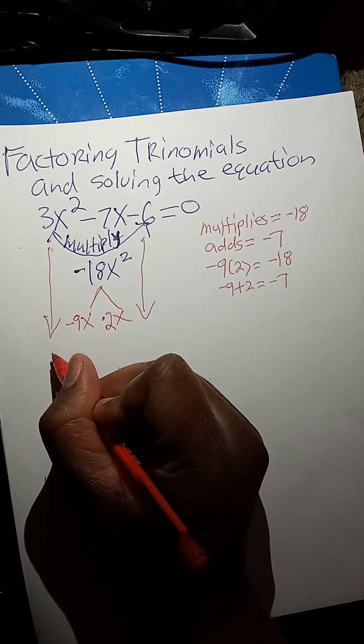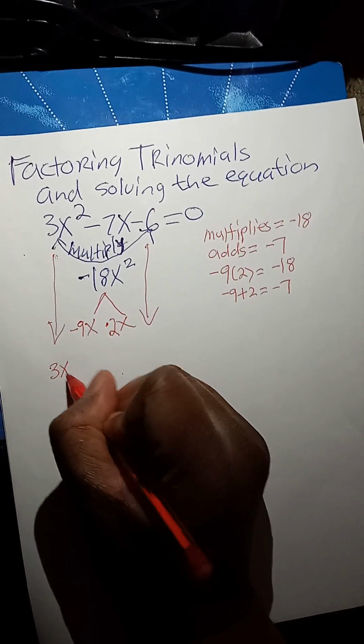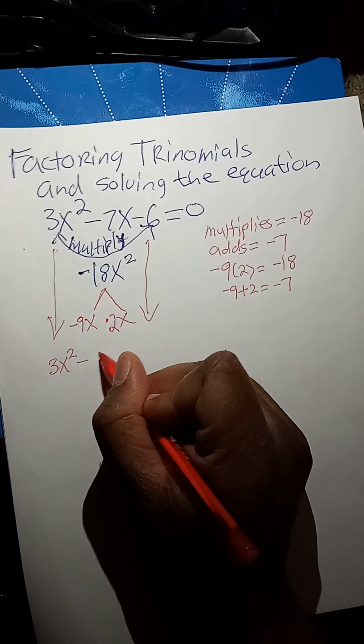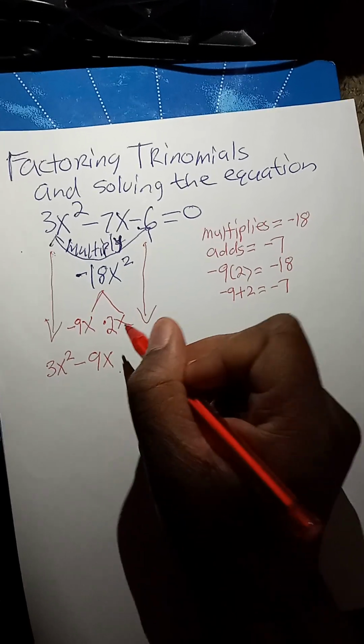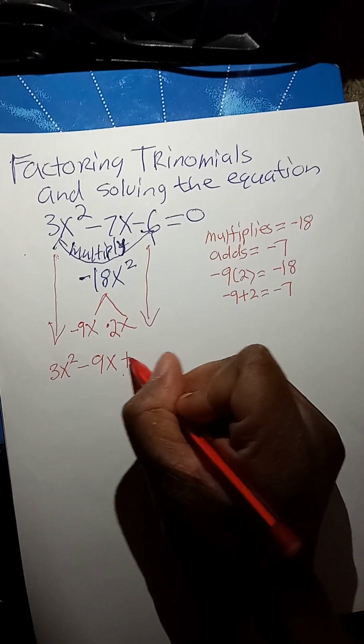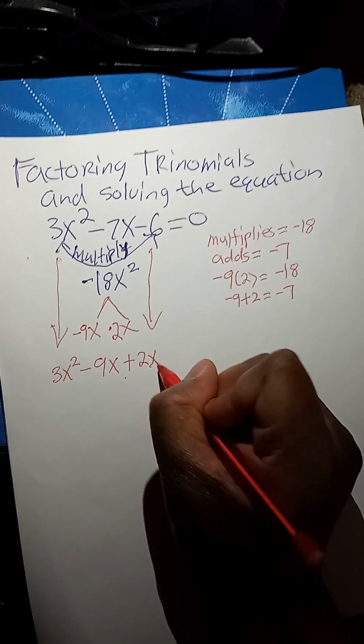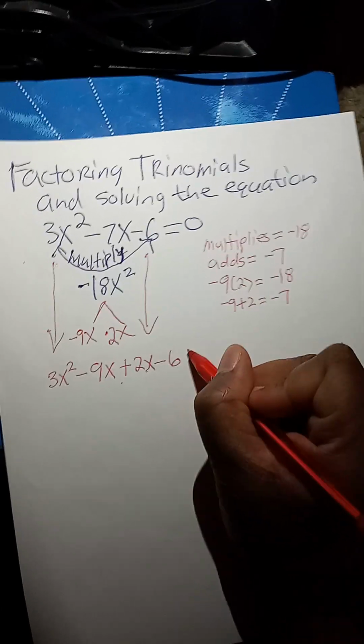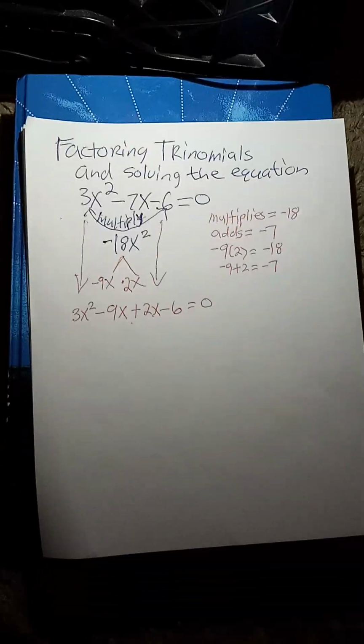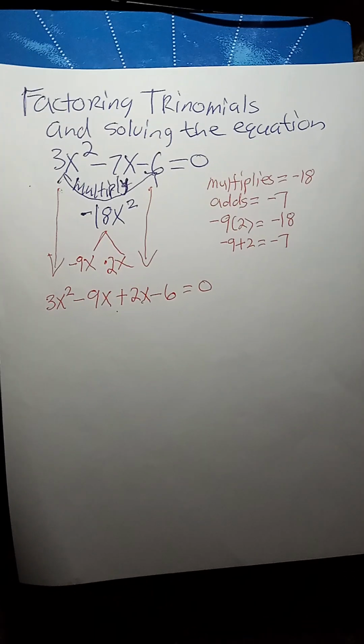So 3x squared minus 9x, and 2x is positive, so we put a plus sign there, plus 2x minus 6 is equal to 0. Now we want to factor by grouping.